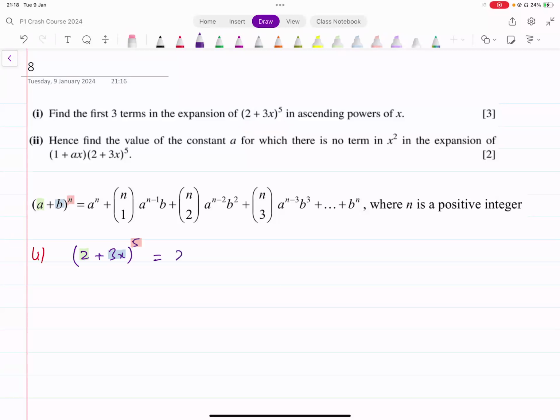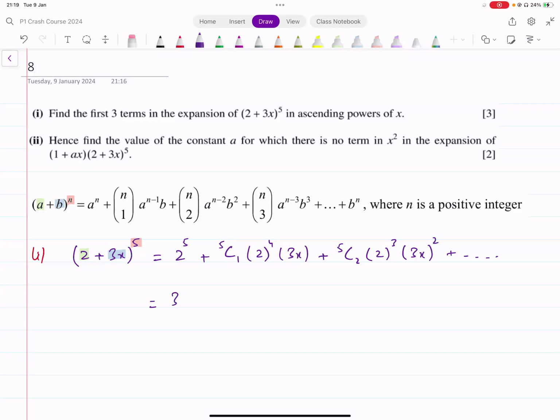So that's 2 raised to power 5 plus 5c1 into 2 raised to power 4 into (3x) raised to power 1 plus 5c2 into 2 raised to power 3 into (3x) whole squared. Now we already have 3 terms, so we don't have to go any further than this. We can just stop at this point and simplify everything.